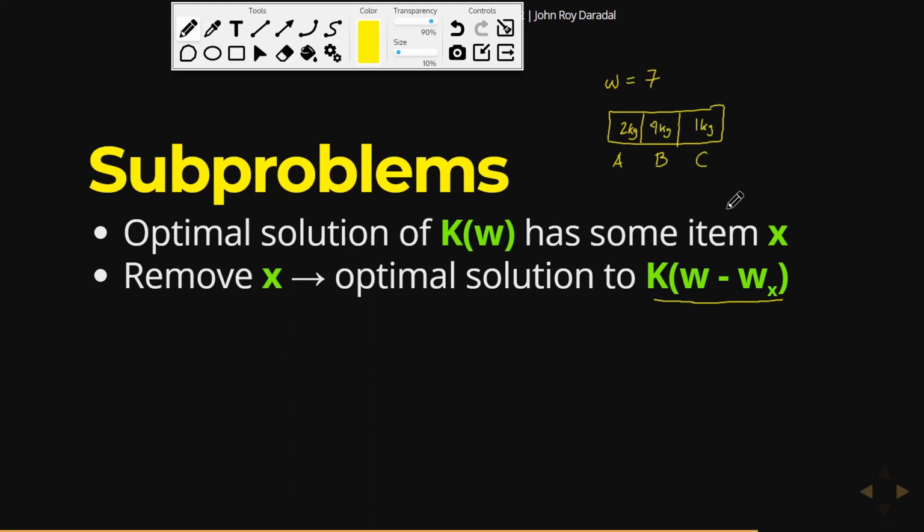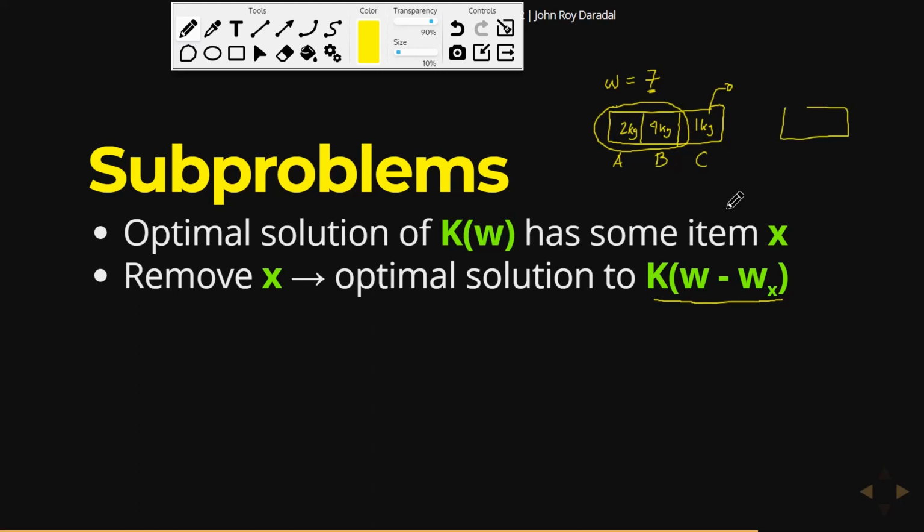So this is the current optimal solution for capacity 7. Now, let's say that our item X was item C. If we remove item C, the remaining items should still be an optimal solution to a smaller subproblem. If we remove item C, the total weight would just be 6.